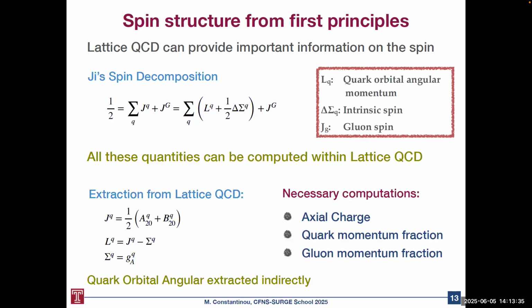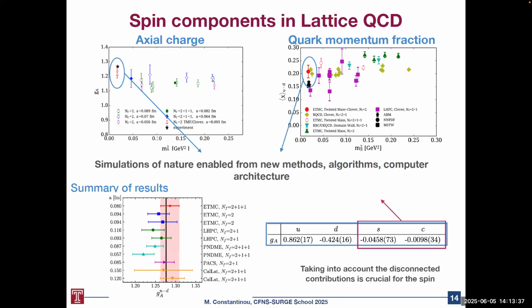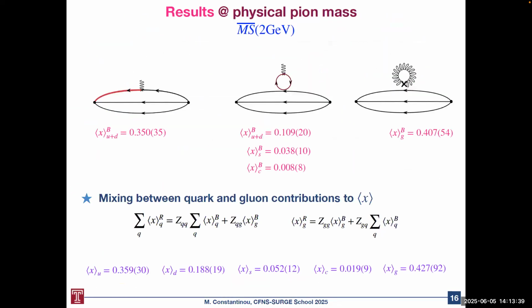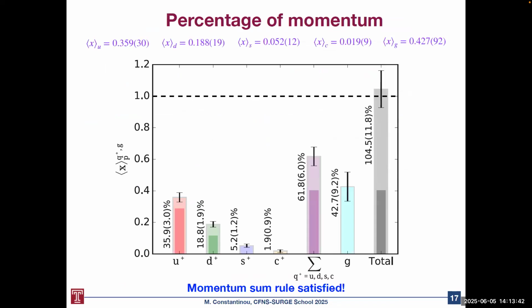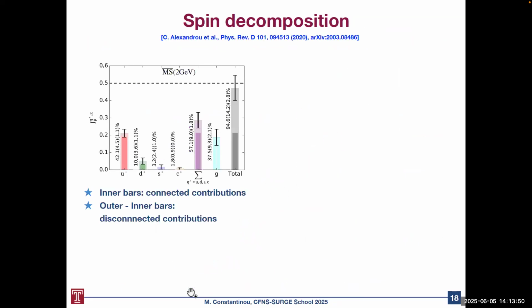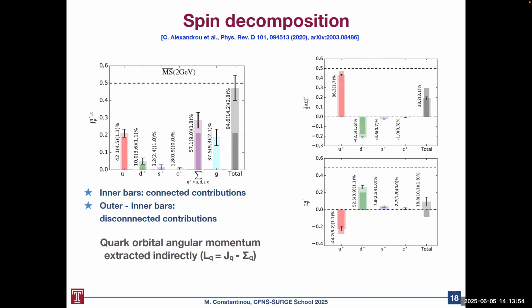However, that doesn't affect these kinds of pictures here, because all of these correspond to an operator that can be calculated on the lattice. Same for this total spin. This is calculated from the lattice. Same for the intrinsic spin. All of these are calculated from the lattice.